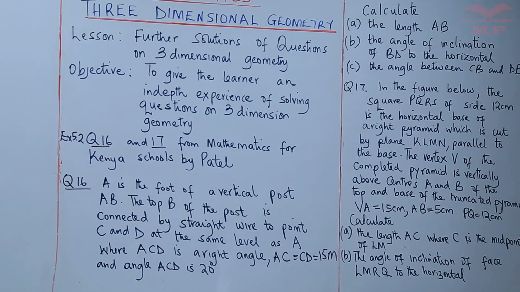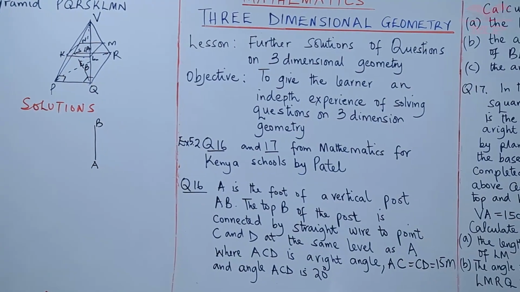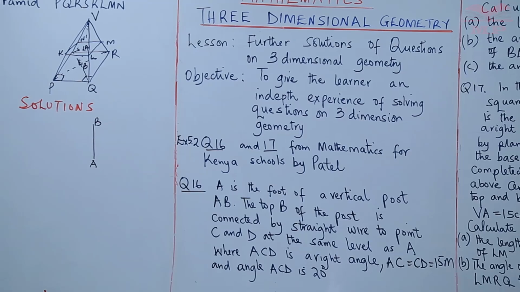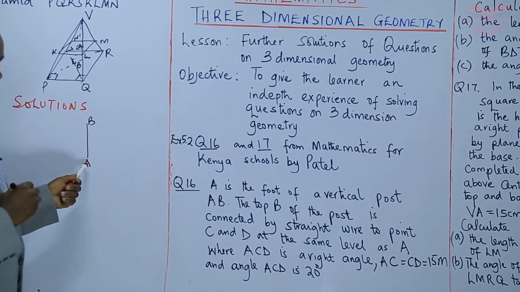So you go to the solutions. Question 16. I've said you sketch it out. This is the vertical post. The foot is A, the top is B. That's why they are calling it AB.